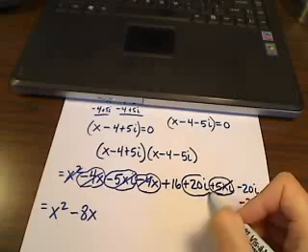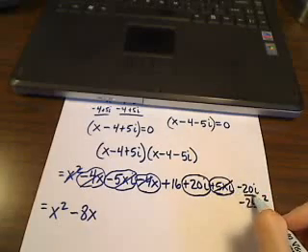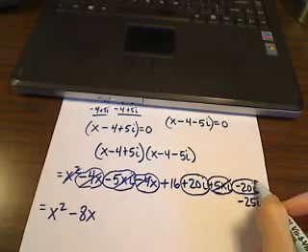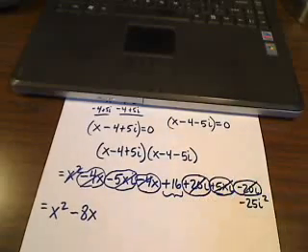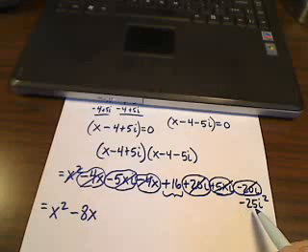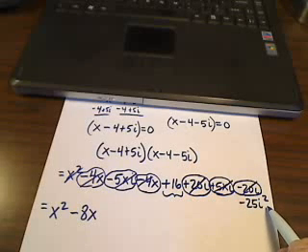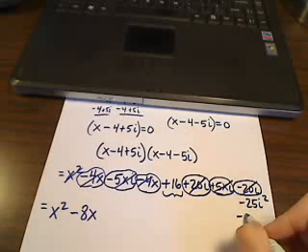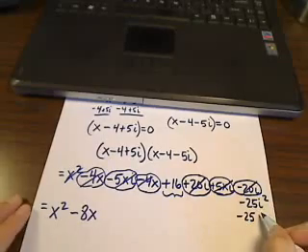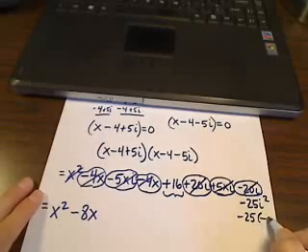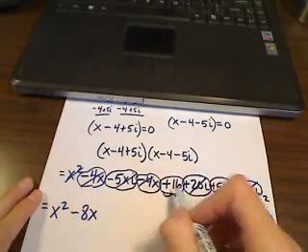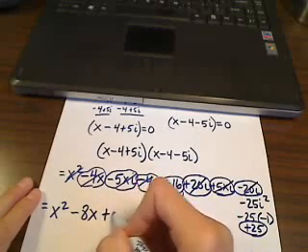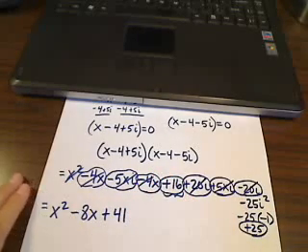We also have positive 20i and negative 20i adding to be 0. Then we're left with a positive 16, and negative 25i squared. Remember that i squared is a negative 1, so this is negative 25 times negative 1, which becomes a positive 25. So positive 25 and positive 16 give me a positive 41.